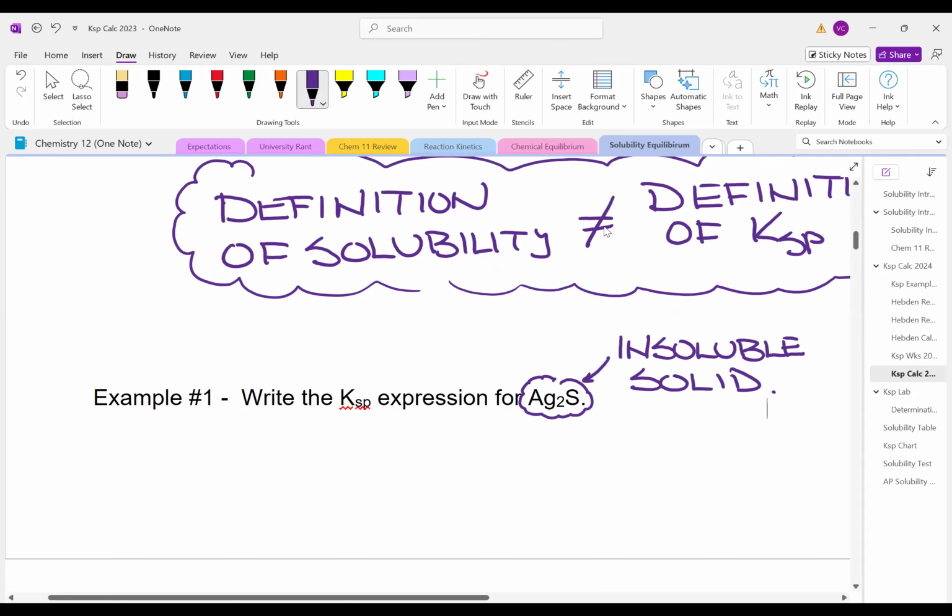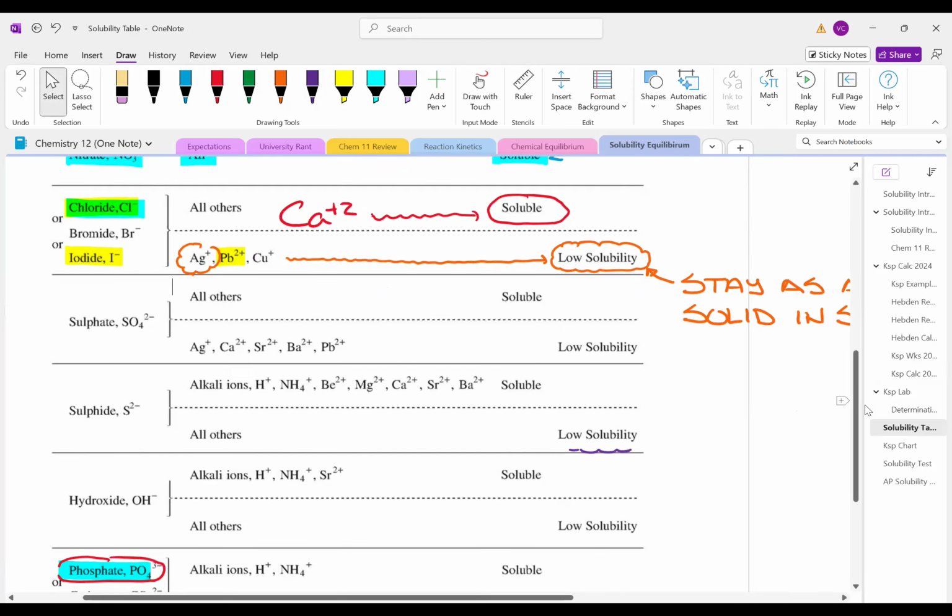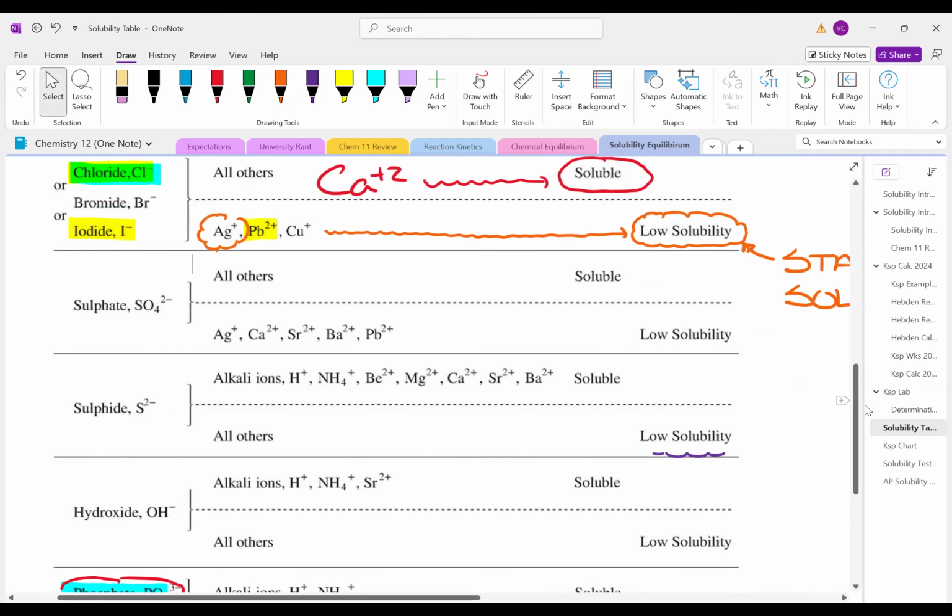How do you know? If we take a look at this solubility table chart, we can see S and all others, and if we look across, it is low solubility.